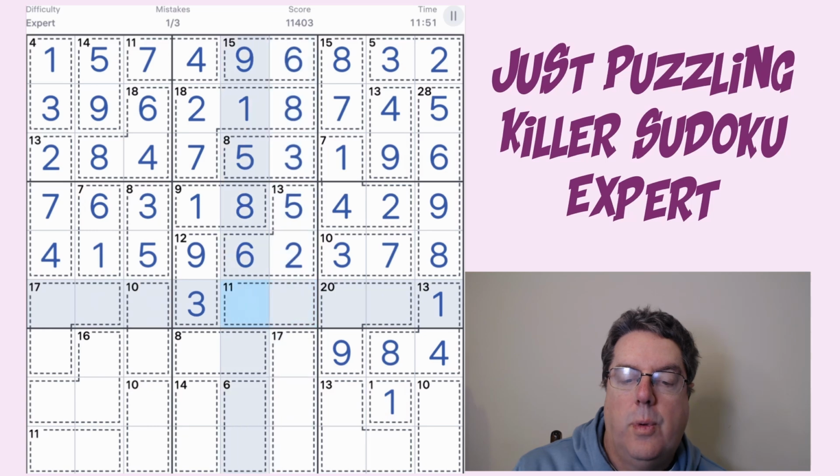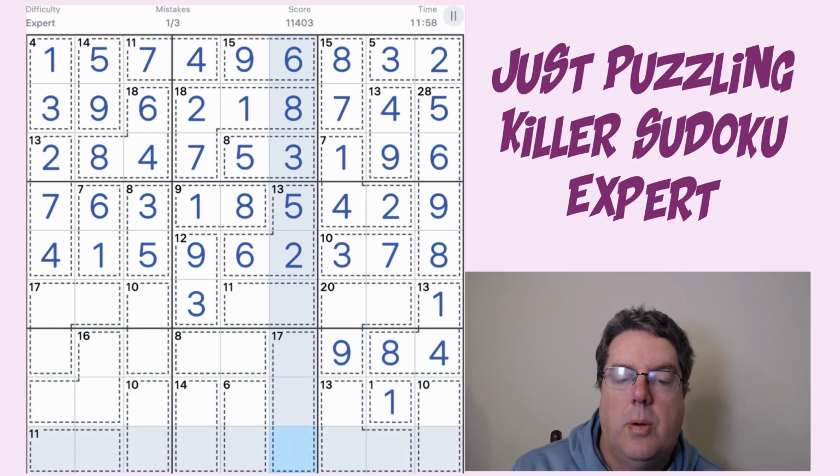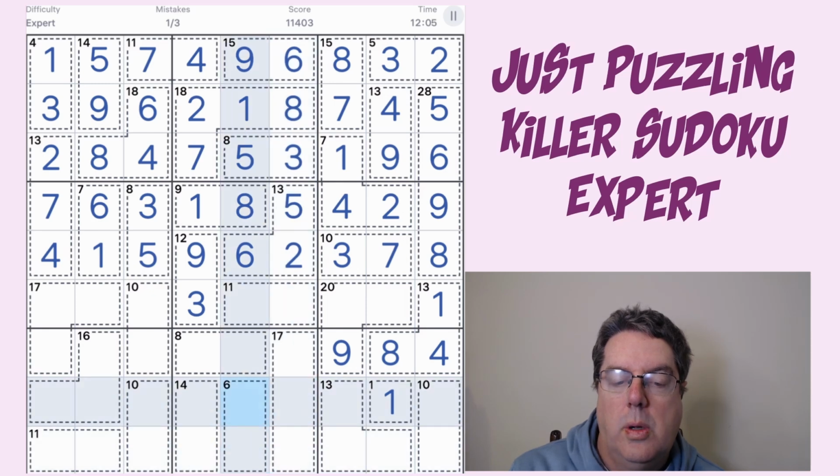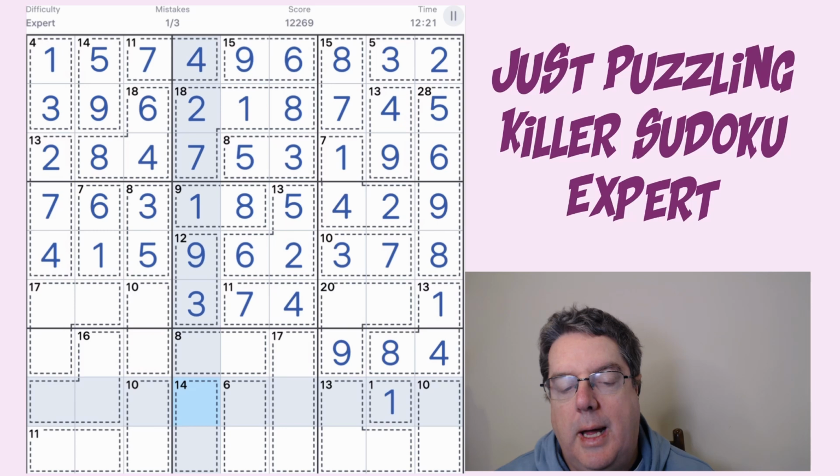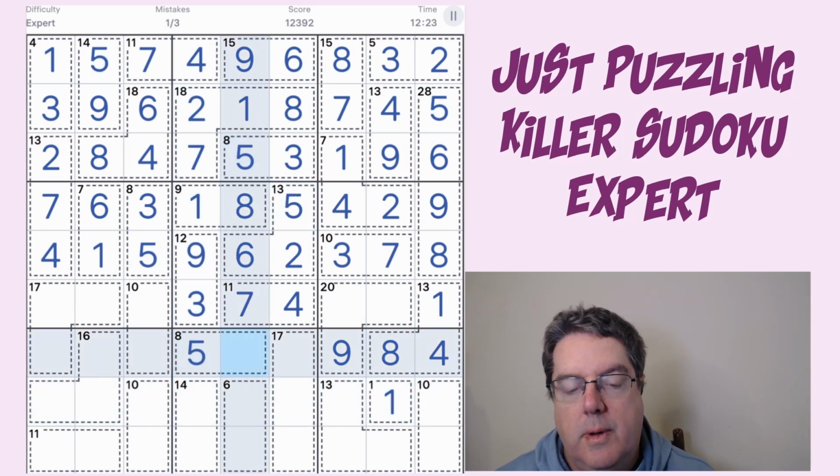So 4 and 7 there, 5 and 6 still there. 1, so this is going to be 1, 7, 9. 1 is there, 7 is there, so this is 2 and 4, which means this is a 4, this is a 7. So 7 and 1, 3 and 5 works, 2 and 6 works. But that's 6 and 8, so that's 5 and 3.